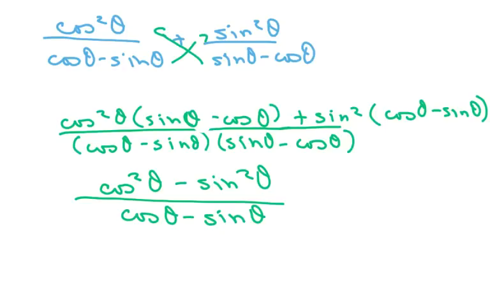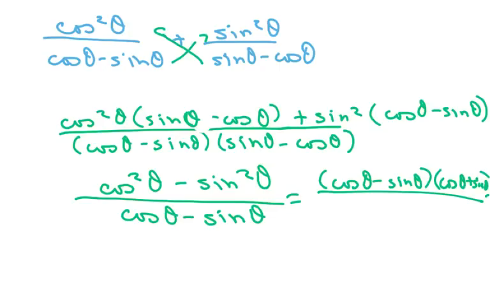If you write this part out, this is your a squared minus b squared, and this is going to give you cosine theta minus sine of theta times cosine of theta plus sine of theta, all over cosine of theta minus sine of theta.